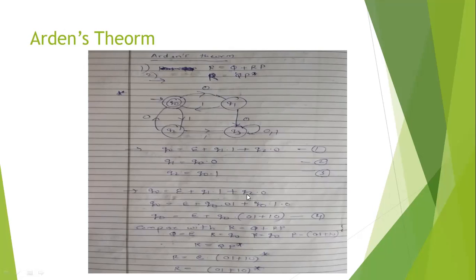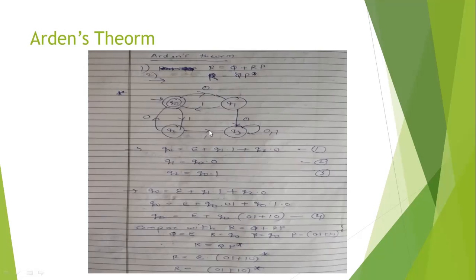Again for Q2, we substitute the value of Q2, that is Q0 dot 1, giving Q0 dot 1 dot 0. Now can we take anything common here? Yes, we can take Q0 common. What we get inside is 01 plus 10. So the equation we form is Q0 is equal to epsilon plus Q0 dot (01 plus 10). This equation is for Q0, our final state.